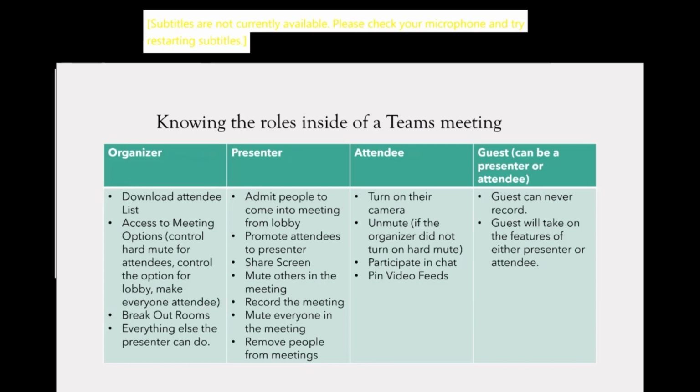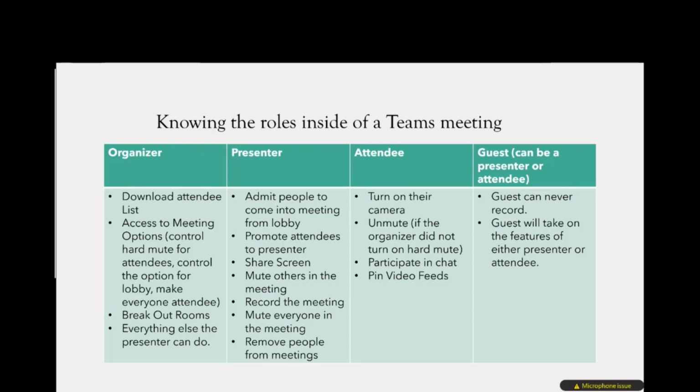So I'll start again. When you're going inside of a Teams meeting, we have these roles designated in Teams regular standard meetings, and I'd love to talk about how that impacts a meeting. So you have the organizer. The organizer is the person that creates the meeting, and the organizer has very specific abilities that nobody else has.